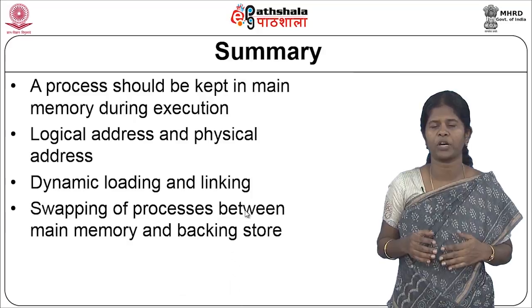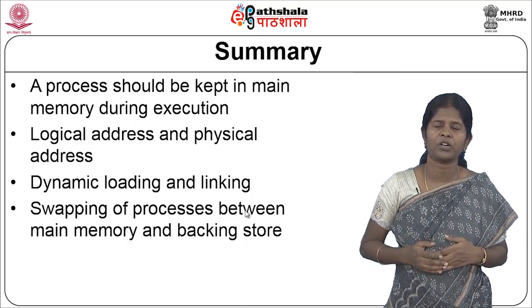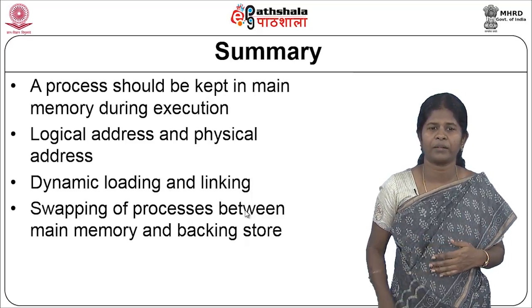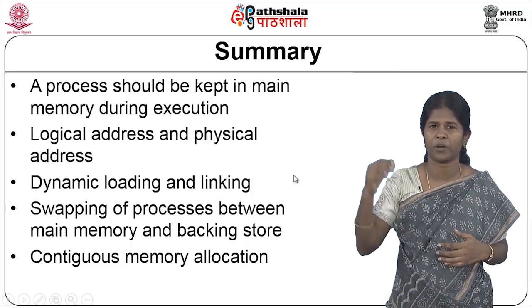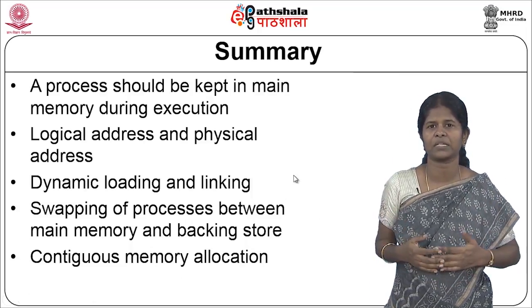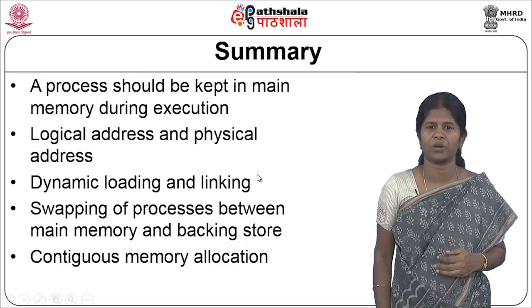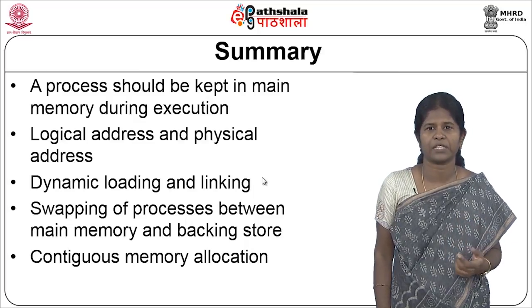Swapping of processes between the main memory and the backing store takes place because of lack of enough space in the main memory. We also learnt about contiguous memory allocation, where the process is contiguously placed in the main memory, including fixed size partitions and varied size partitions as well.